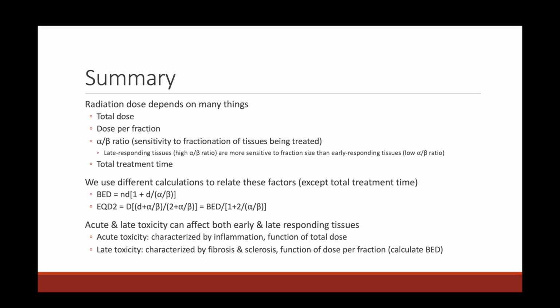Late toxicity, on the other hand, is characterized by fibrosis and sclerosis, and it is a function of the dose per fraction. And if you want to compare different regimens and which one will have a worse late toxicity, calculate the BED, and whichever regimen has the highest BED, which takes into account dose per fraction, that regimen will have the worst late toxicity.